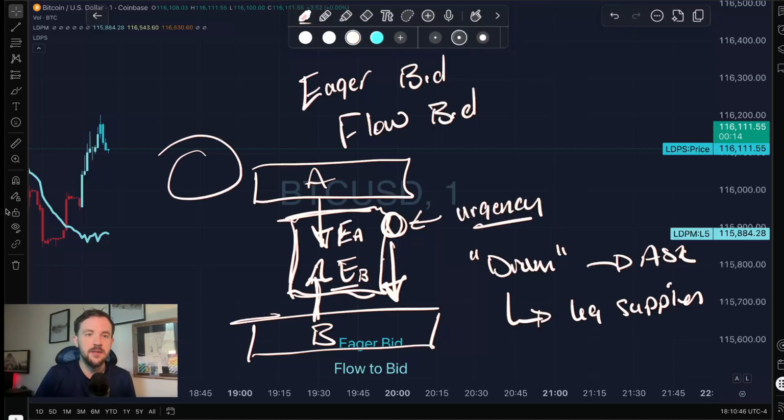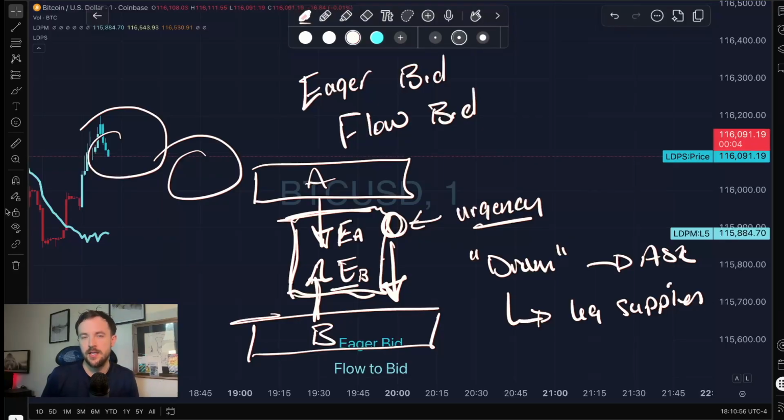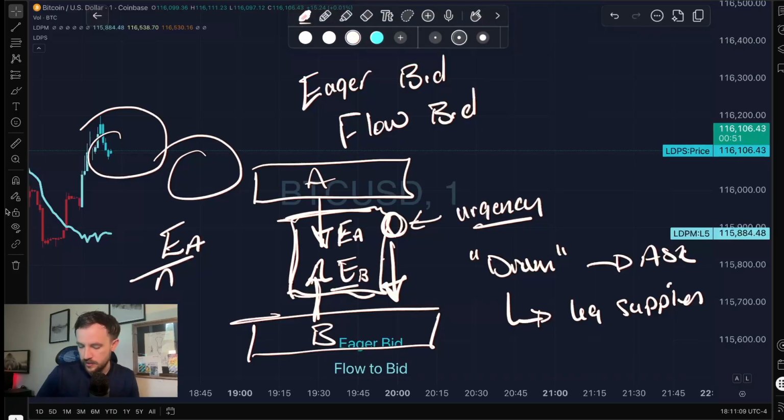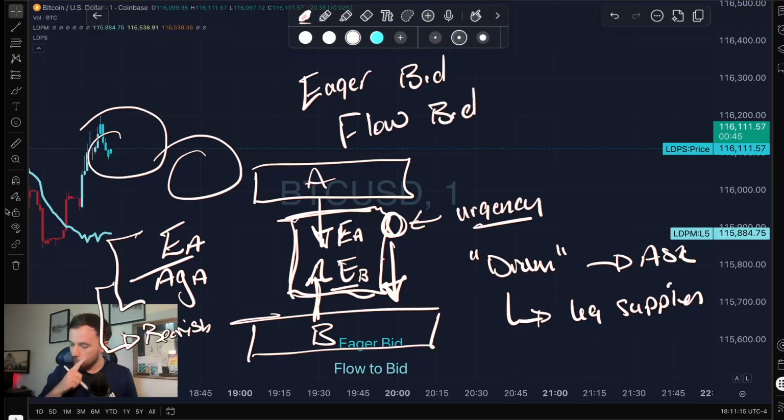But we see, over here, even though the candles are green because of that eager bid, when we're told that the flow is to the bid, it tells us that that eager bid is actually a liquidity supplier. And again, that means that there must be a liquidity taker, and the only liquidity takers are actually the aggressives, right, that we just said. So this could either be an eager ask or an aggressive ask. Either way, this is actually a little bit bearish, at least for spot.